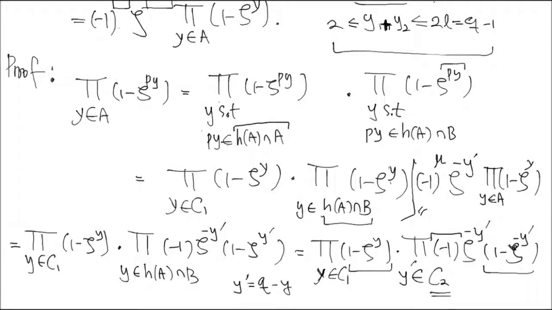And this part is messy. So let me finish up in here. Negative 1, mu, and zeta to the negative of the expression, where y is coming from C2, y, and the product. That was exactly copied in there.